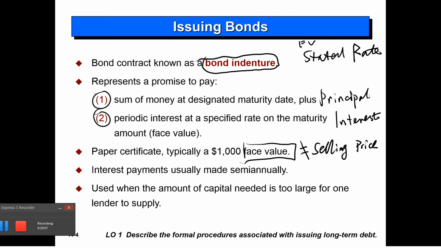Interest payments are usually made semi-annually, meaning twice a year, either at the end of every half a year or at the beginning of every half a year. It depends on the payment schedule.